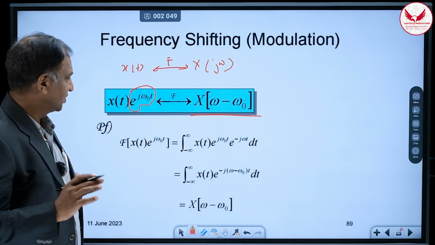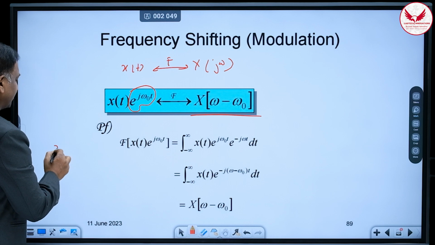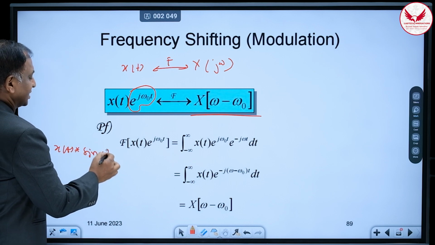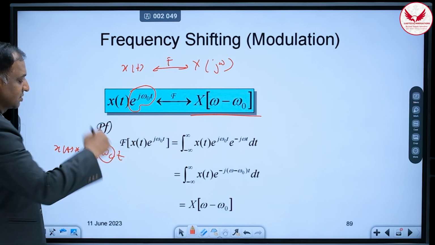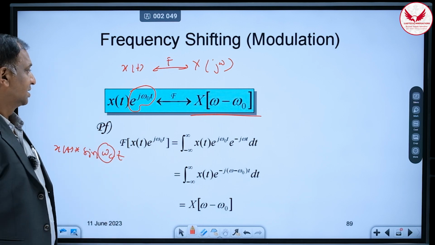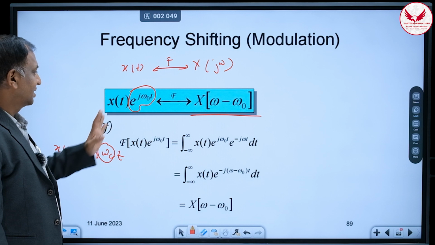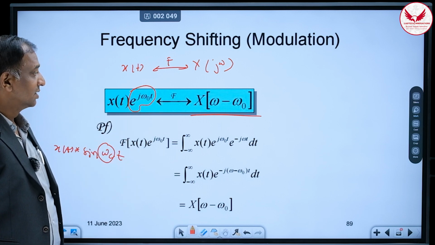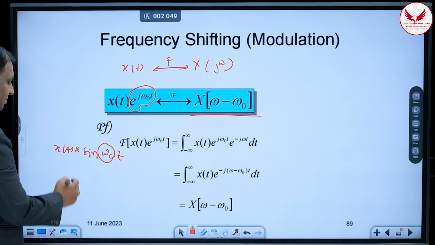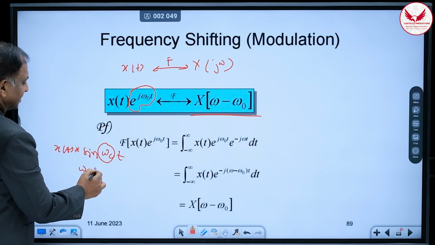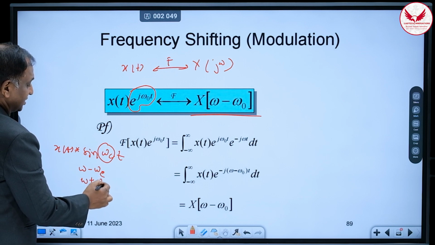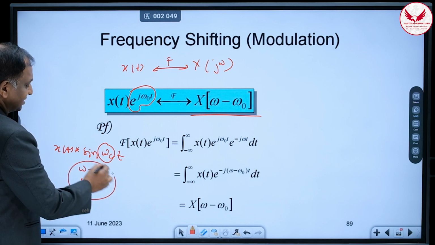We have seen in amplitude modulation, when the signal x of t is multiplied by sine omega c t, where omega c is called the carrier frequency, this sine omega c t can be written as e raised to j omega c t plus e raised to minus j omega c t. So your original frequency omega will change to omega minus omega c and omega plus omega c, which means the carrier signal is added.